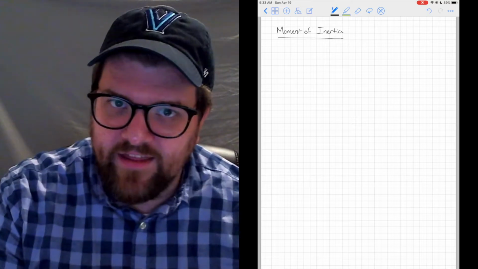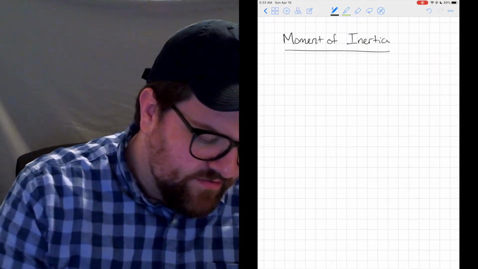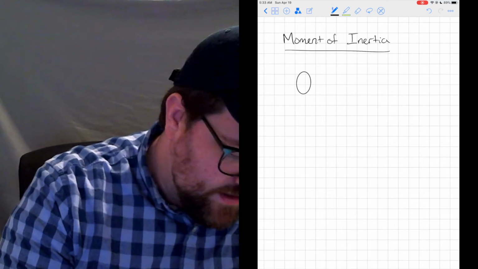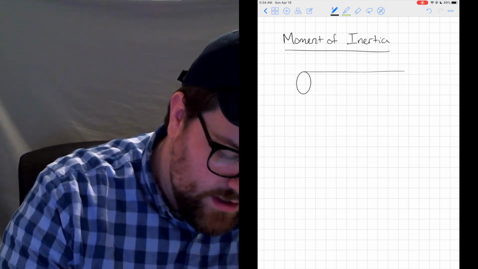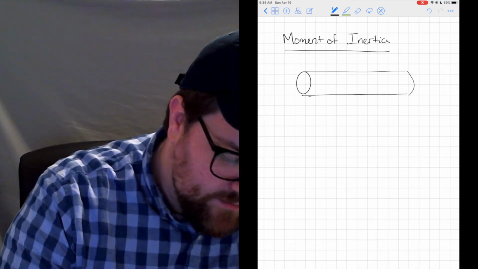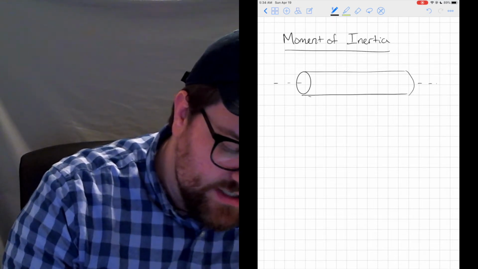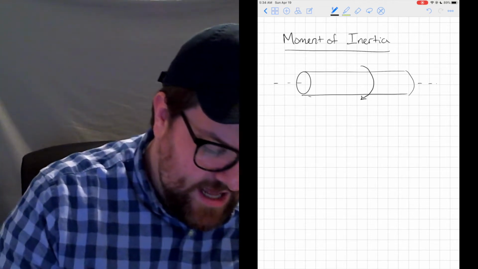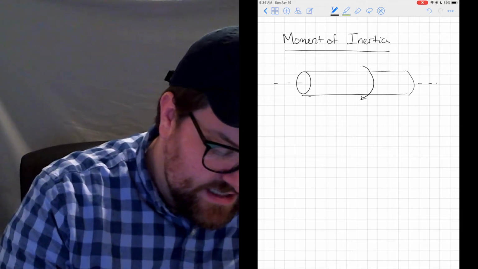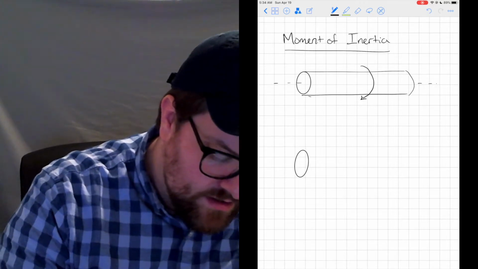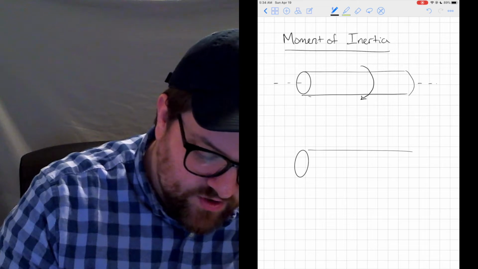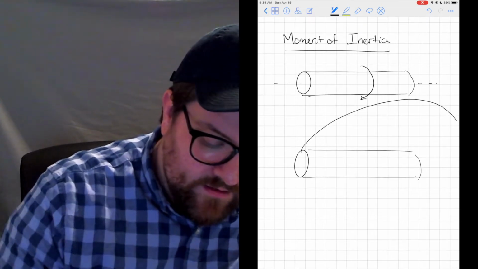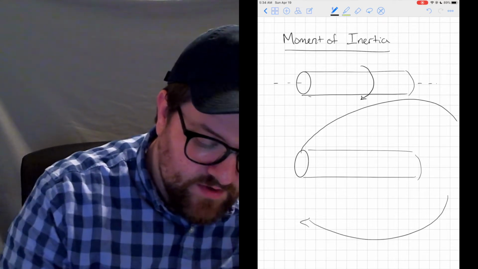So how do we quantify that? And just to give a brief illustration of what I'm talking about: a log, and if I try to just rotate it around its center long axis, as opposed to taking the exact same log and trying to flip it end over end, and have this side go this way.